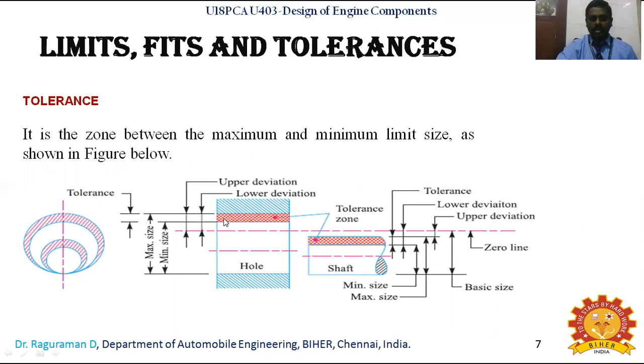Maximum size to minimum size difference, that is what the maximum and minimum limit size. That zone is what you are seeing as a tolerance zone. So the difference between the upper limit minus the lower limit is what you will be having as a tolerance. This difference is what you are saying as tolerance. Here also you can see the tolerance is the maximum size and minimum size difference.